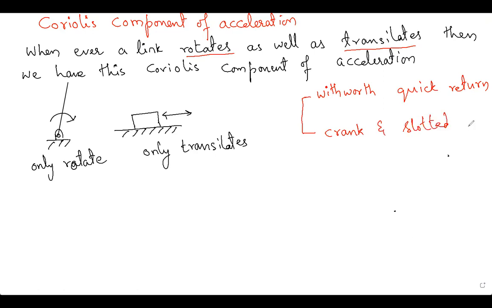So in these two mechanisms we have a link which can rotate as well as translate. Add them up, and this is where the Coriolis component of acceleration comes in.